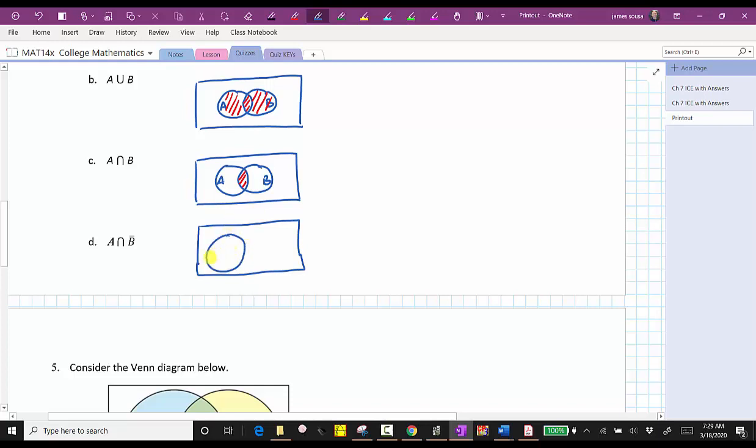Again, we have set A, we have set B. We want to shade the set that is A intersect B complement, which are the elements that are in set A and not in B, which should be this set here. All these elements in this region are in A and not in B.